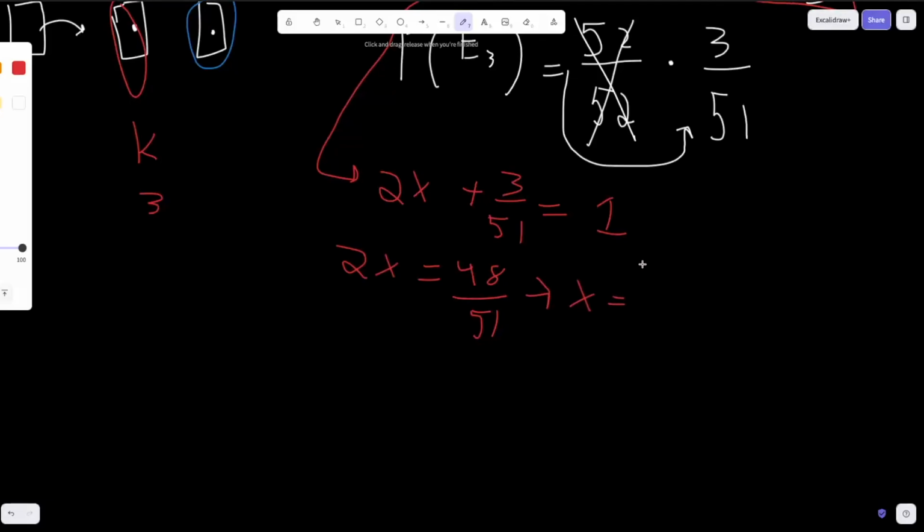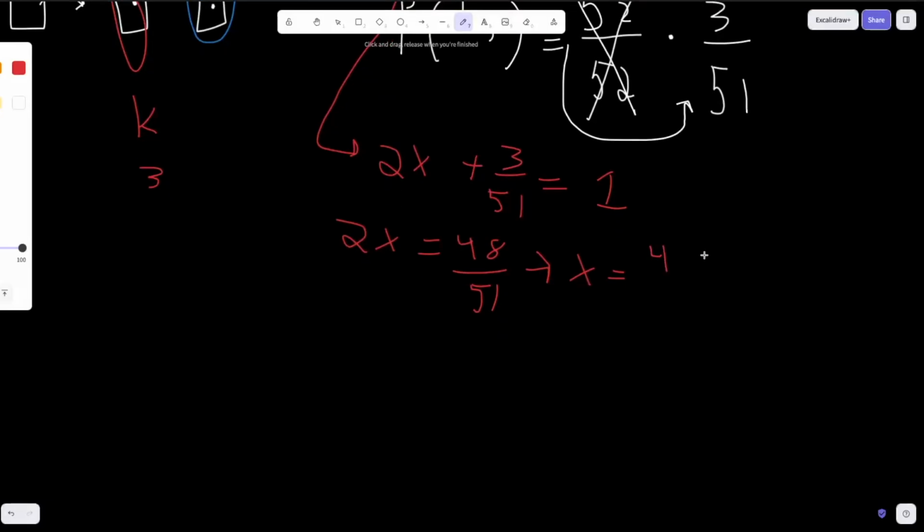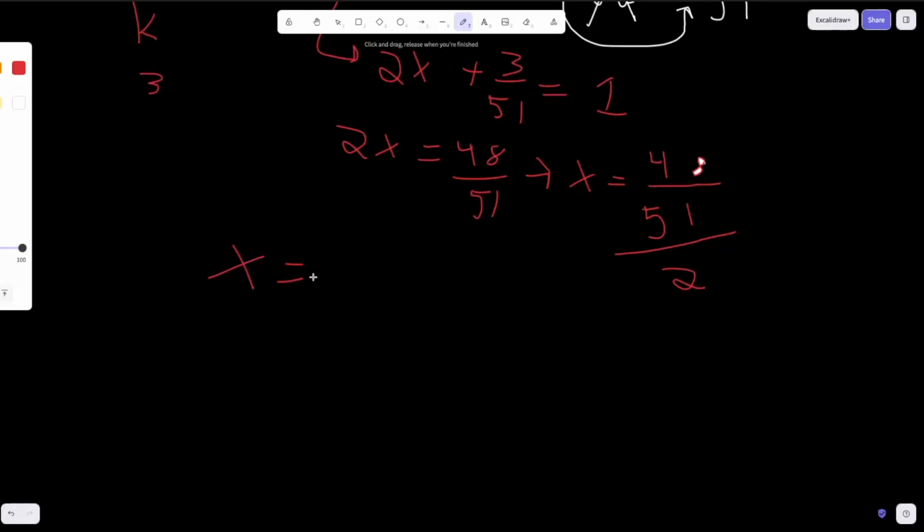And x, okay, x is equal to 48 over 51 divided by 2. Or in other words, x is equal to 48 over 102, which I believe, let's see here, 24 over 51 should be 8 over 17.